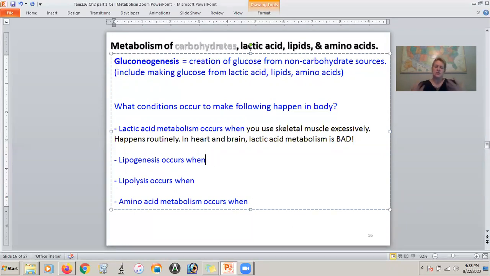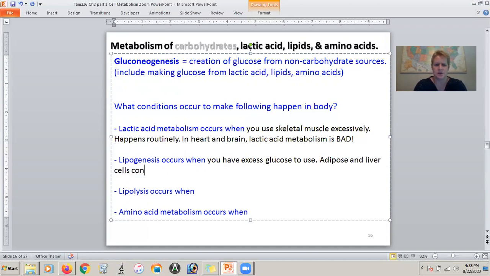Lipogenesis occurs when you have excess glucose to use. Adipose and liver cells convert glucose into lipids. Now lipids is a storage form of energy.